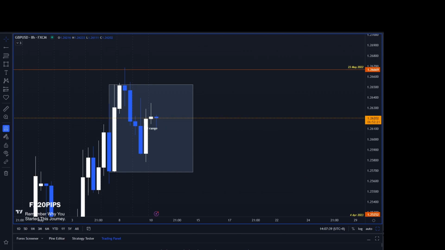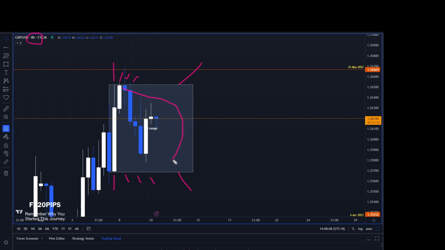Now, before that, let me bring you back to what we have left off yesterday. Remember, we talked about this 8 hours zone box. Okay, you can see here we are at 8 hours, and this box is drawn based on this candle. All right, because so far no candle closed above it or closed below it.